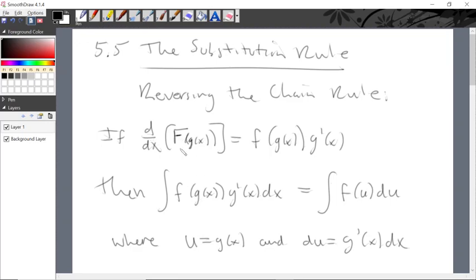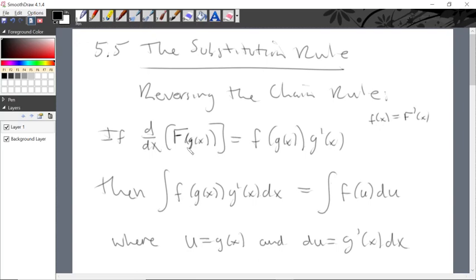If we take the derivative with respect to x of this composition, by the chain rule, we would first take the derivative of the outer function. I've called the outer function big F so that it is the antiderivative of little f. So I'm saying that little f of x is equal to the derivative of big F of x. So big F is an antiderivative, in other words.